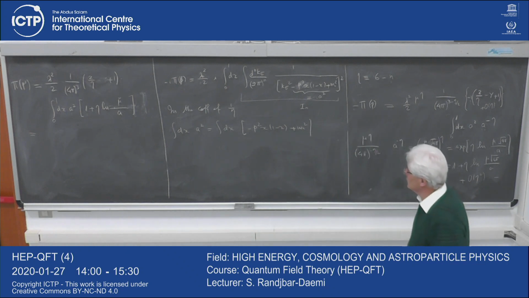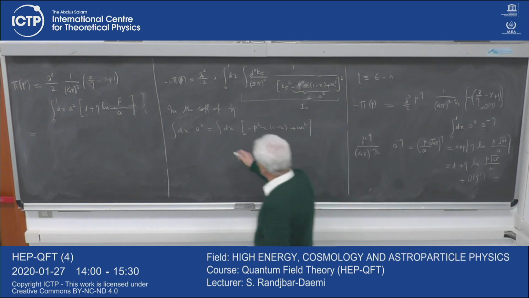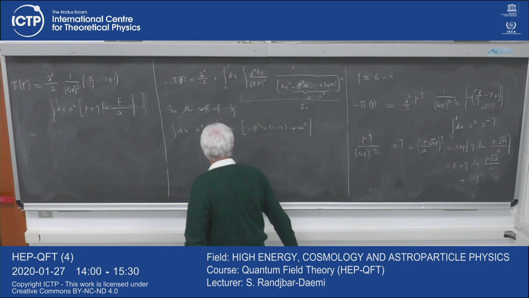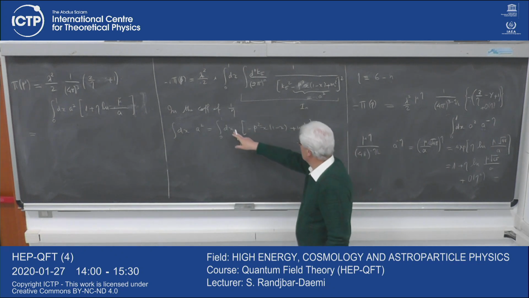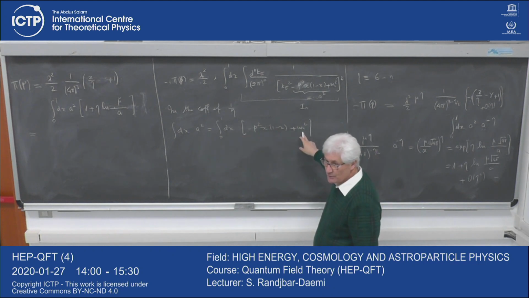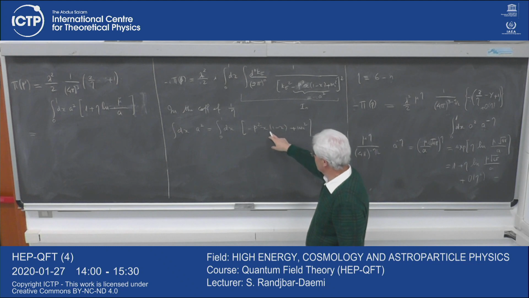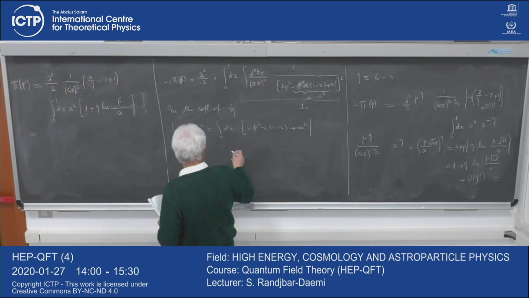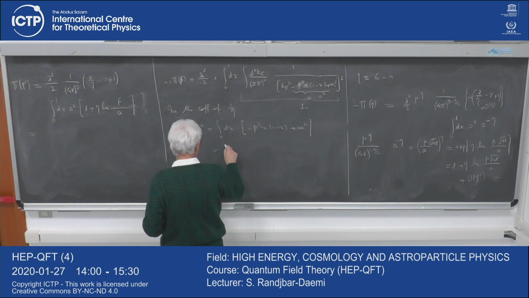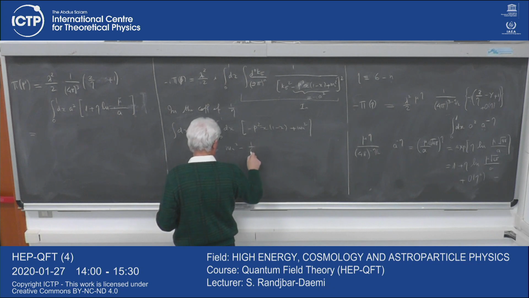Okay? And this integration goes from 0 to 1. Obviously, the integral of dx times m0 squared gives you only m0 squared, and this is a simple function of x. You can easily integrate, and the result of this will give you m0 squared minus 1/6 times p squared.